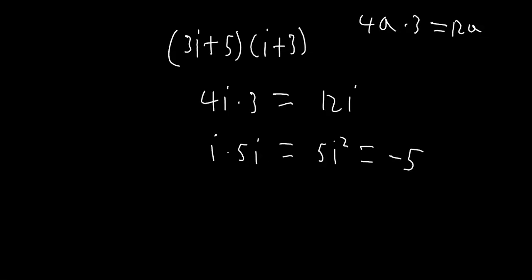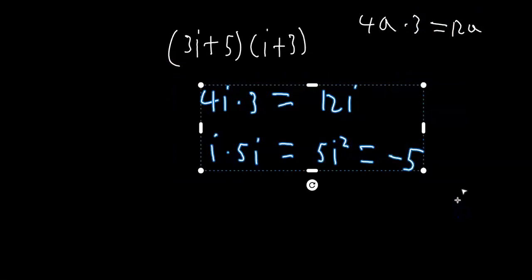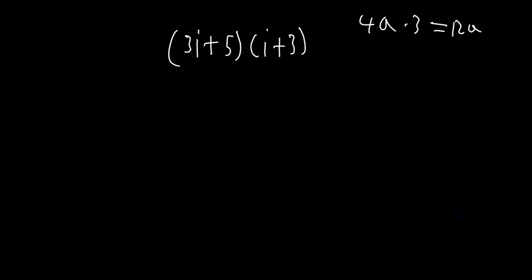Okay. Now here, we have the example we have up top. It's a different story. Here, as I said earlier, we use a quadratic method called foiling. Now here, how we do that is 3i times i, okay?